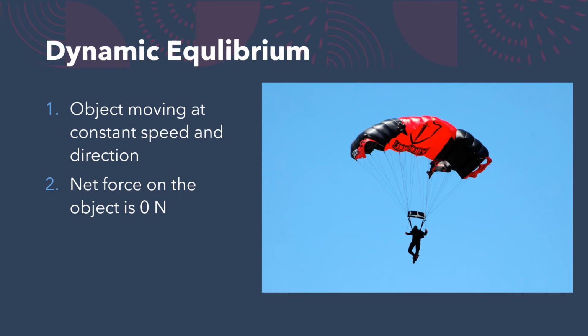Dynamic is a little bit different, but still there's no acceleration. The key is with no acceleration, that means we're moving at a constant speed and constant direction. We are not changing our speed and we are not changing our direction. The net force on the object is still 0, but the object is moving. So this person falling, say they're falling straight down towards Earth. They've got their parachute open, right? So they have their weight pulling them down, but the parachute is pulling them back up from the air resistance.